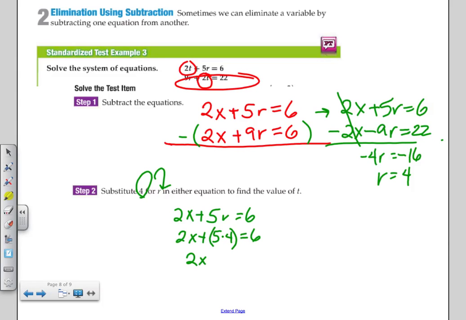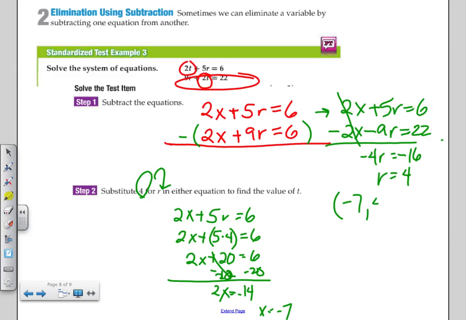So 2x plus 20 equals 6, minus 20 on both sides. 2x equals negative 14, so x equals negative 7. So our answer is (-7, 4).